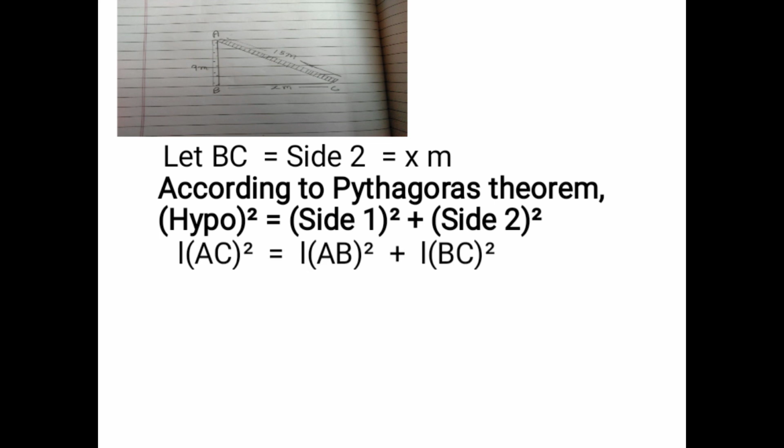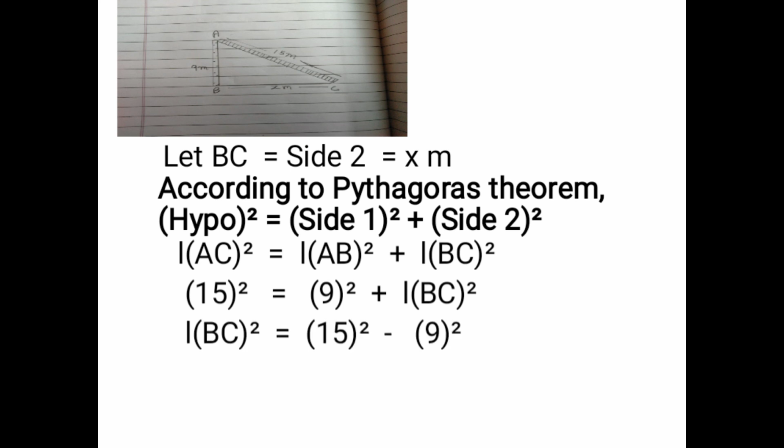Length of AC square is equal to length of AB square plus length of BC square. 15 square is equal to 9 square plus length of BC square.